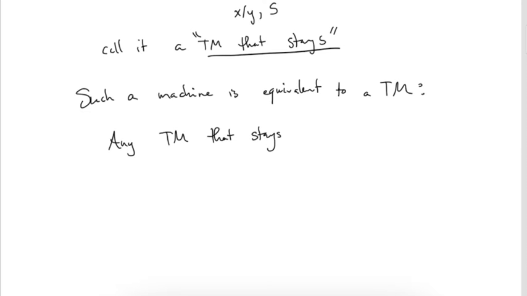Any Turing machine that stays can be simulated by a usual Turing machine. All right? That is, if you show me a Turing machine that sometimes stays put, I can show you another Turing machine that never stays put, but does exactly the same computation. All right? And this is called simulating one type of machine using another type of machine. Any Turing machine that stays put sometimes can be simulated by an ordinary Turing machine.